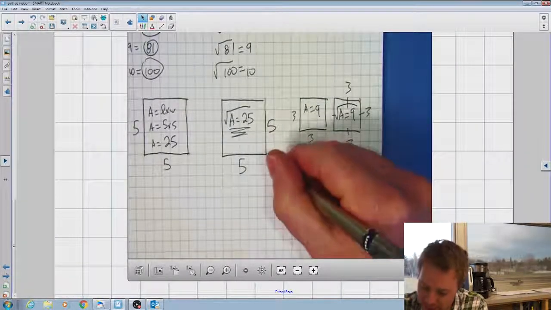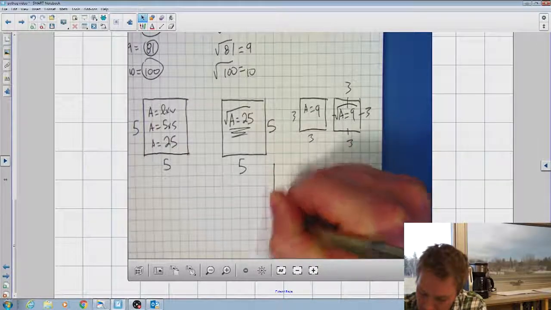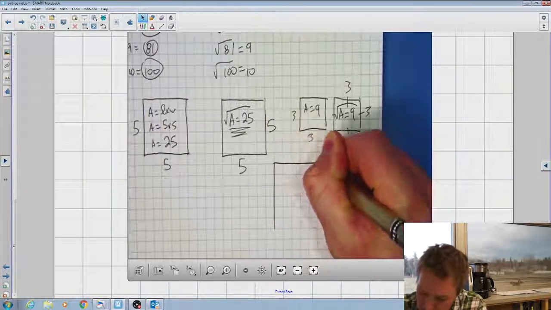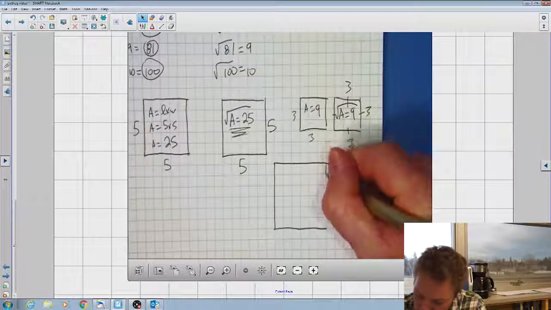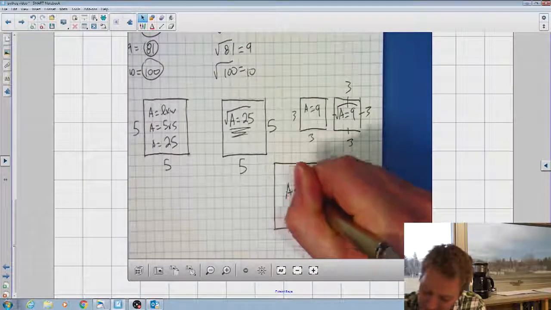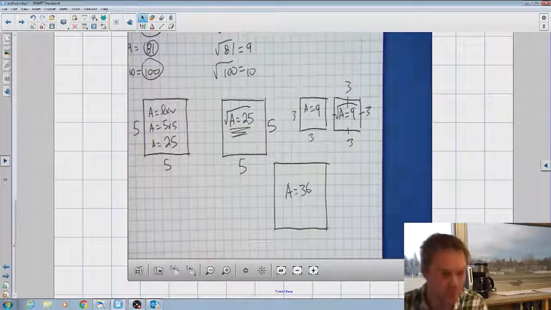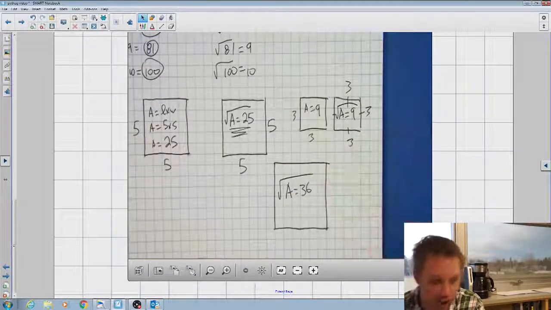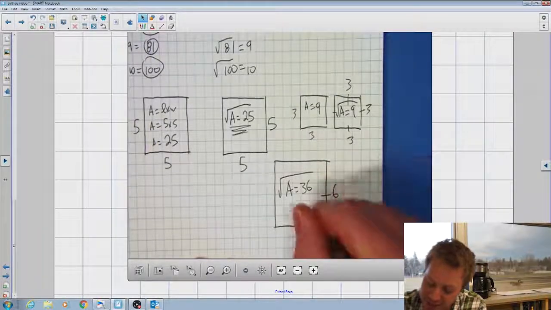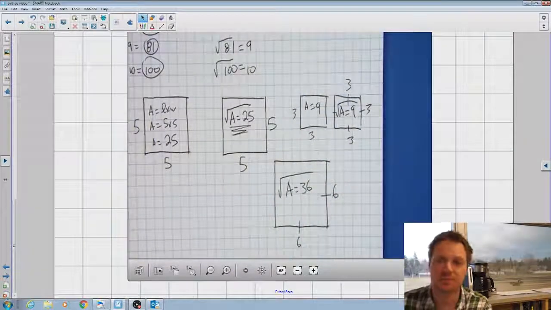One more example. Let's say I'm given this square, and I'm told that the area is 36. Well, what I need to do is simply take the square root of that to find that these side lengths are 6. Fairly simple.